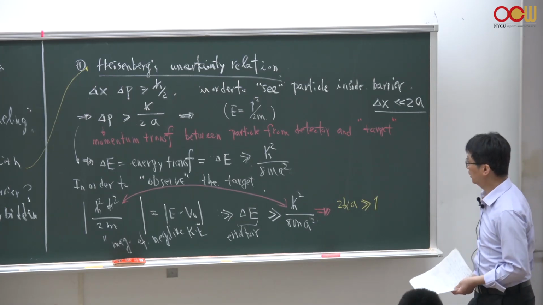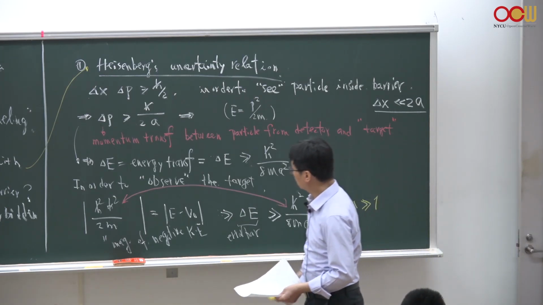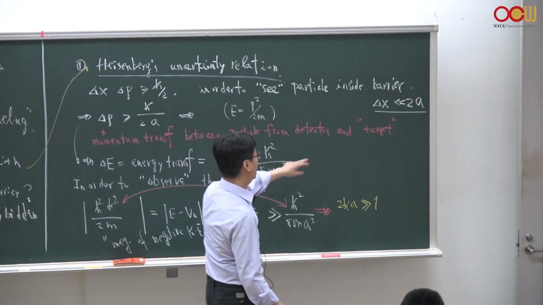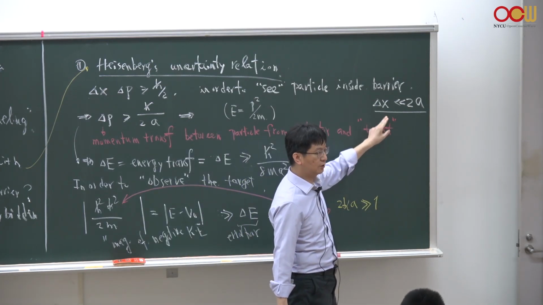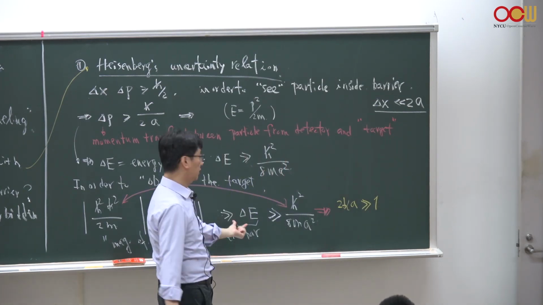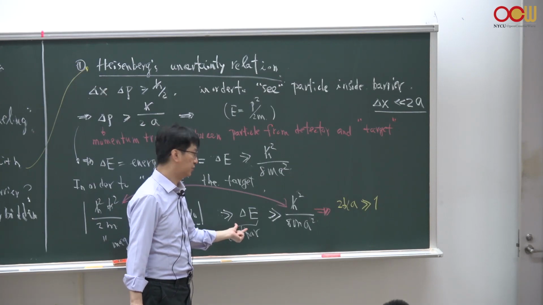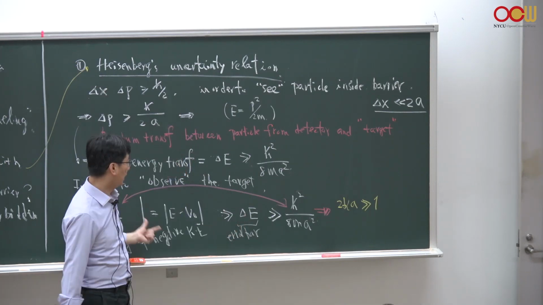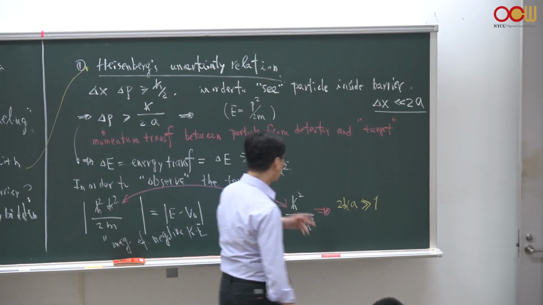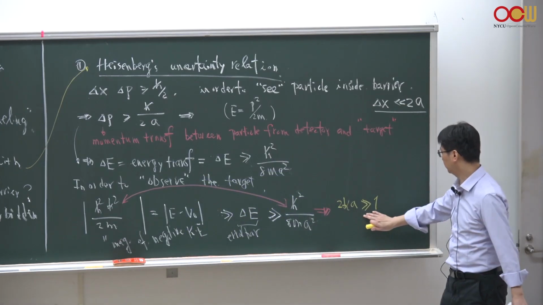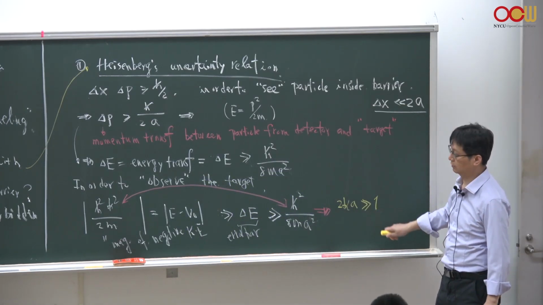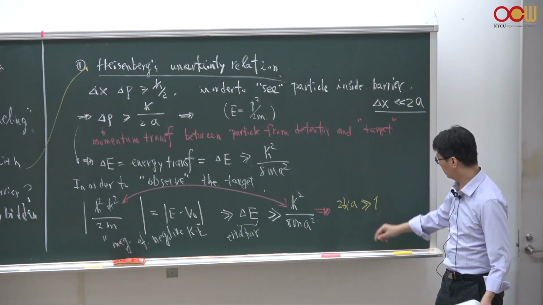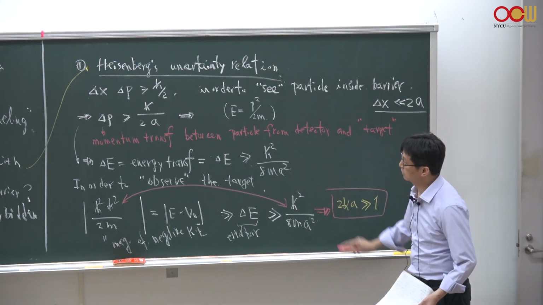If we really want to identify the particle, we need a very sensitive position measurement, and we also need a sensitive enough detector to resolve this negative energy. But the consequence is that this 2 times kappa times A must be much larger than 1. But what is the consequence of this? You could go back to this t squared.